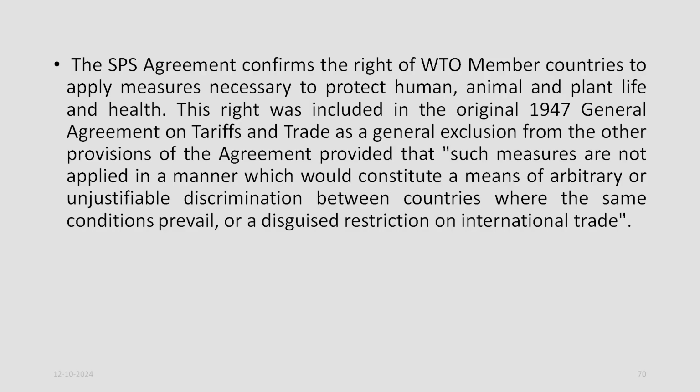The sanitary and phytosanitary agreement confirms the right of the WTO member countries to apply measures necessary to protect human, animal and plant life and health. Now there is a difference in the legal interpretation: sanitary and phytosanitary measures actually accept some kind of right that exists between the member states.